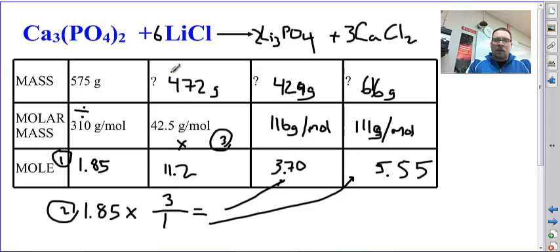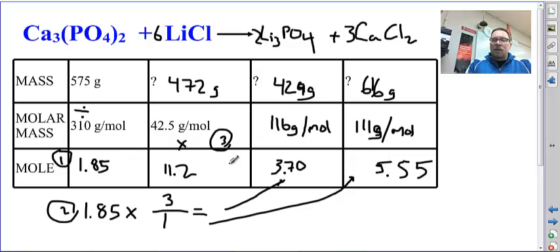And that's what I would need to satisfy my 6-to-1 ratio. For this one, I would produce 3.70 moles because it's a 2-to-1 ratio, so I need twice the amount in moles. And in the last one, since it's a 3-to-1 ratio from the equation, it's 1.85 times 3.